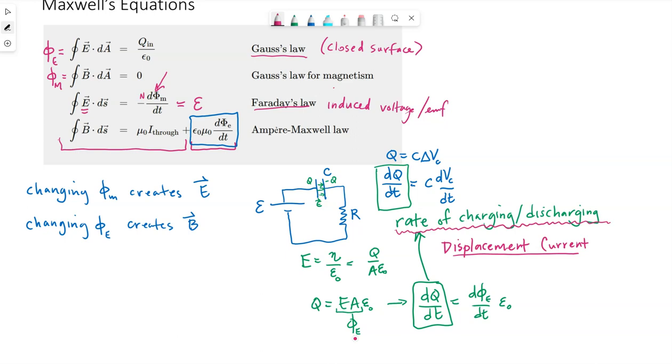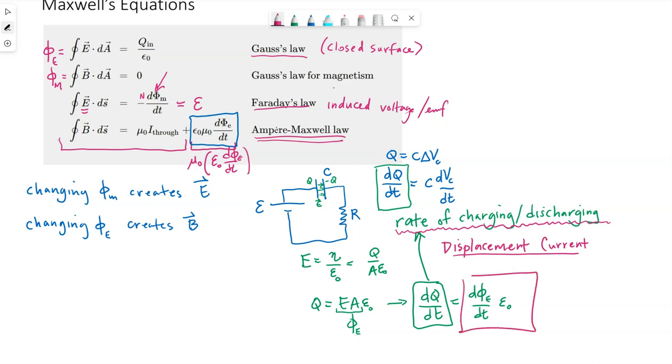And so it's this term that needed to be added to Ampere's law up here. It's now called the Ampere-Maxwell law because Maxwell was the one that recognized it was not complete to begin with. So if you notice, this term has a mu naught times epsilon naught times d phi dt, where this is specifically electric flux.